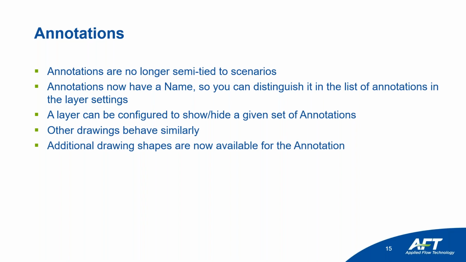Additional drawing shapes are now available, and this is a very nice feature. A cloud shape has been added, which can represent the changes in the workspace. Now you can show a cloud indicating that a change has been made.